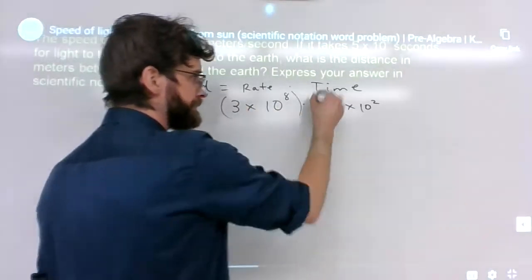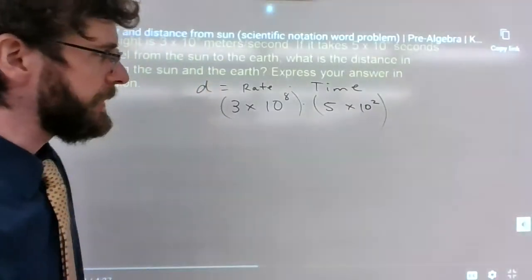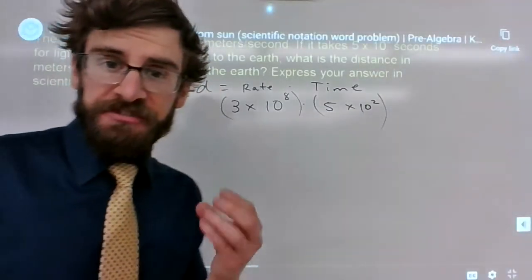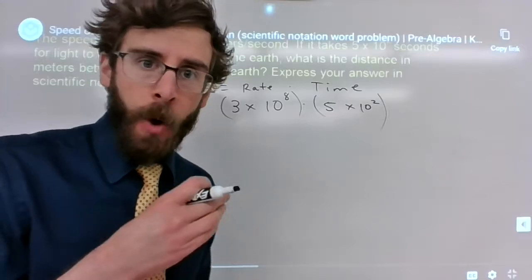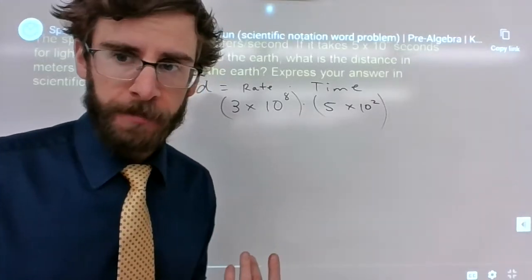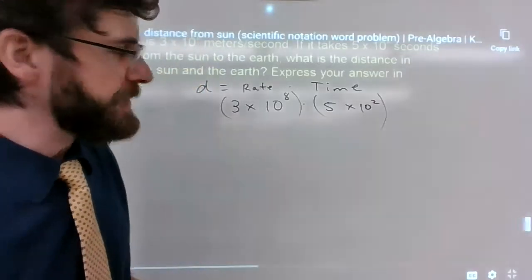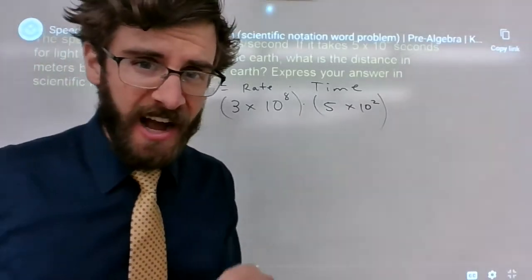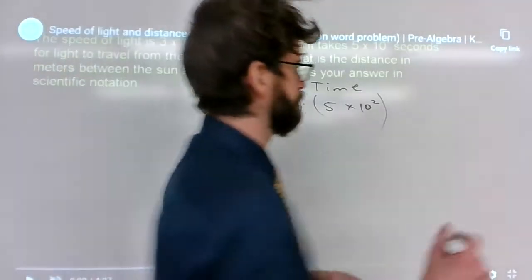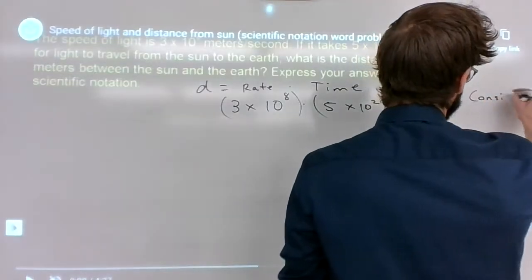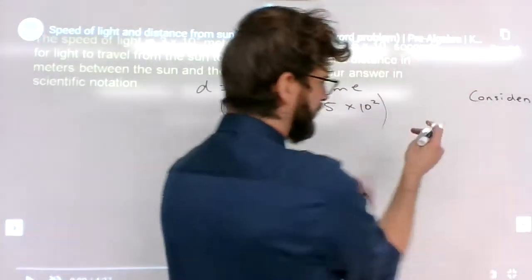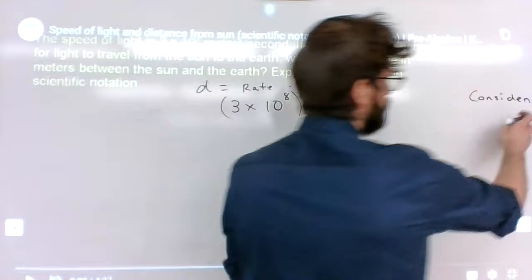Now it ends up that in this particular case, it works very similarly to how powers worked when we did exponent properties. What I mean by that is, consider 3 times x to the 8th power. So I'm kind of going off trail here.